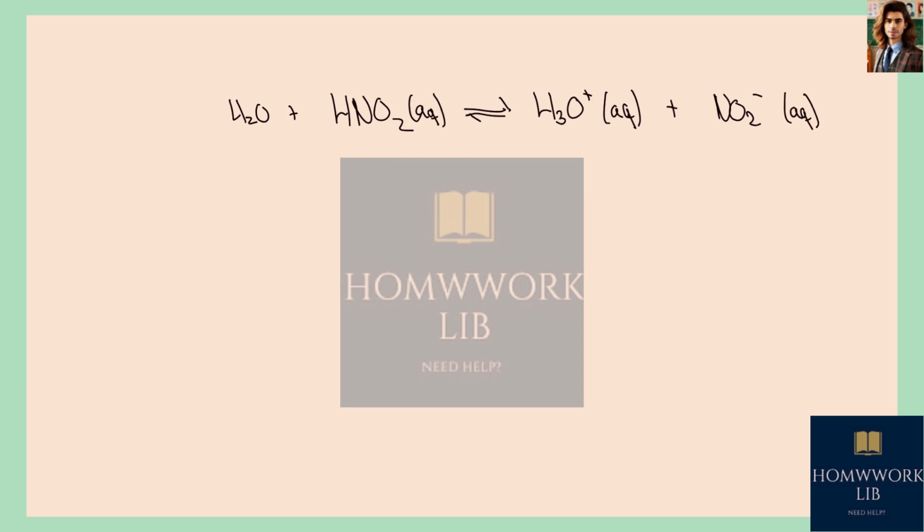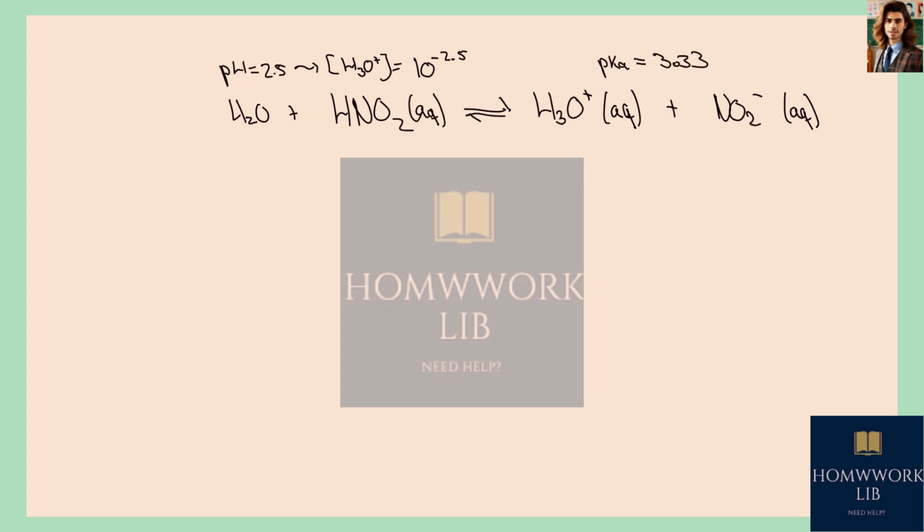So we want a solution that has a pH equal to 2.5. That means that the concentration of H3O+ needs to be equal to 10 to the minus 2.5. And we're given the pKa of the acid that is 3.33.